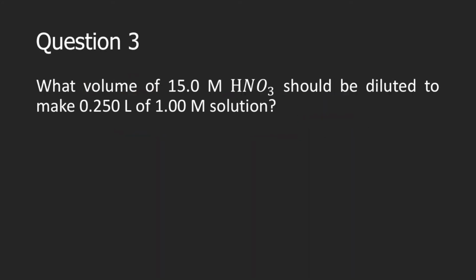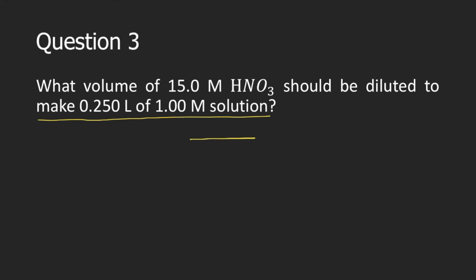Question 3, again, you can pause the video, solve this on your own, and then get back if you have an answer. What volume of 15 molar HNO3 should be diluted to make 0.250 liters of 1 molar solution? So the problem says that you are making 0.250 liters of 1 molar solution.